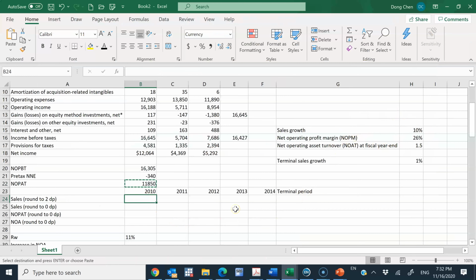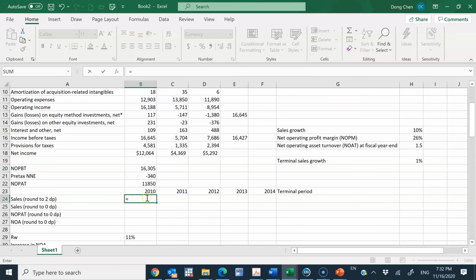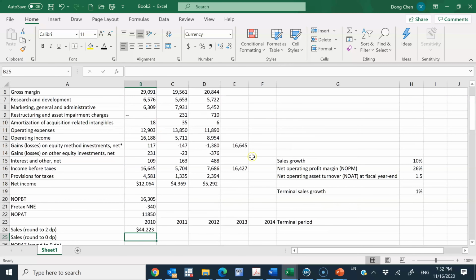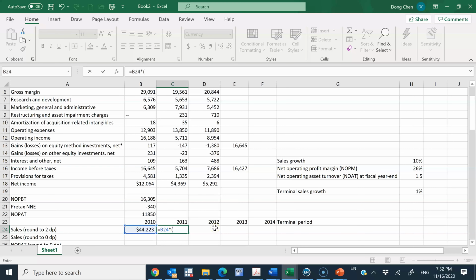So now sales. Obviously, the current sales is directly given, right? We can just copy the number here. And then the next period sales is basically the current sales times 1 plus the sales growth rate. But for the sales growth rate, I do want to fix the value, because otherwise, when I later drag the formula to the other years, this will also change by default.